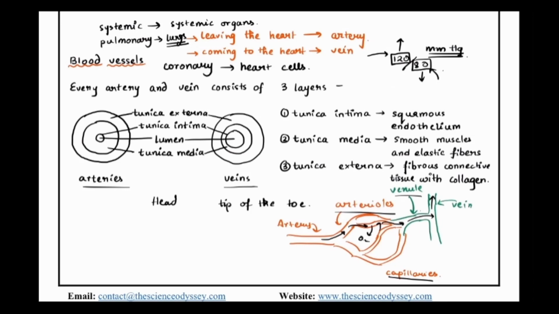A systemic vein is a vein originating from the organs, taking deoxygenated blood into the heart. Similarly, a coronary artery gives oxygenated blood to the heart cells, and coronary veins bring back deoxygenated blood from the heart cells to the heart chambers. So that is the difference, and this is going to help you when we talk about double circulation in humans. For that, we are going to meet in the next video.